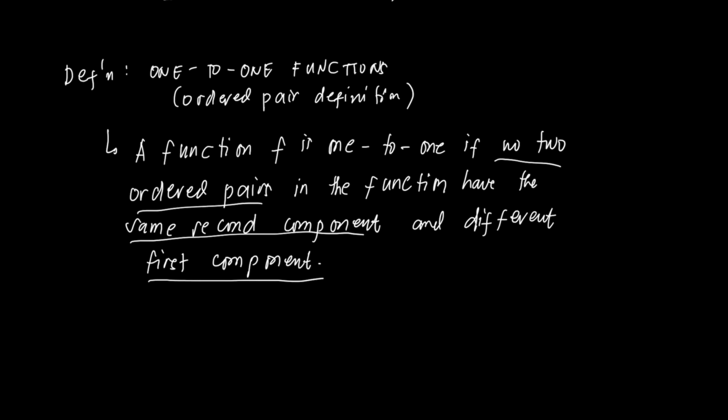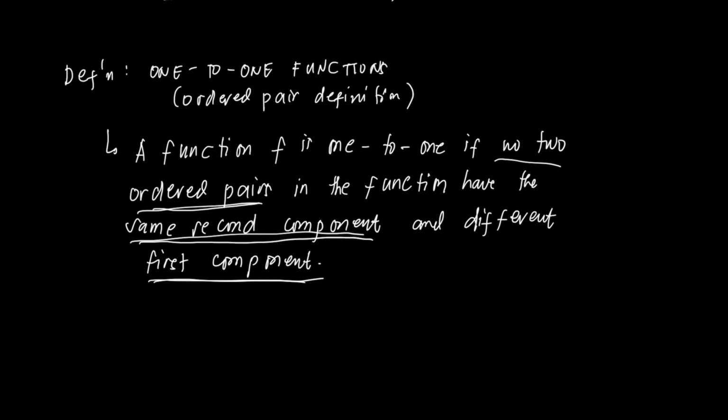Remember the definition of a function in ordered pairs: no two ordered pairs in the function have the same first component and different second component. In this case, for the 1-to-1, no two ordered pairs have the same second component and different first component.